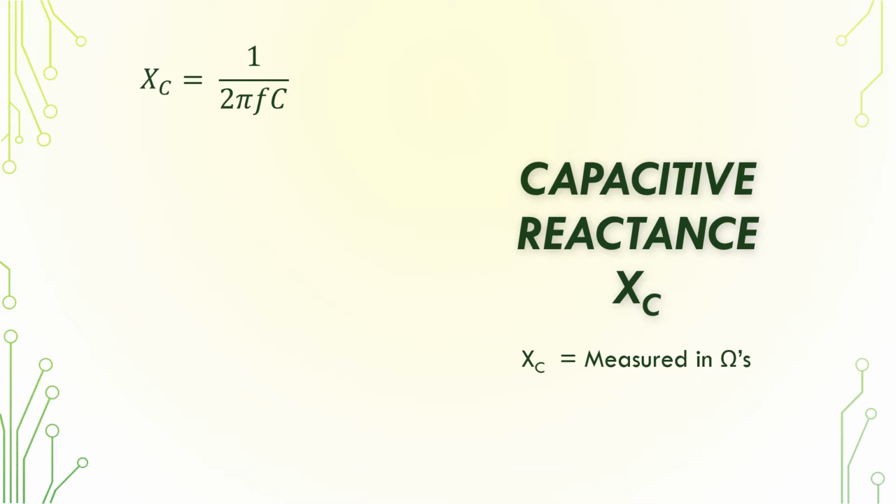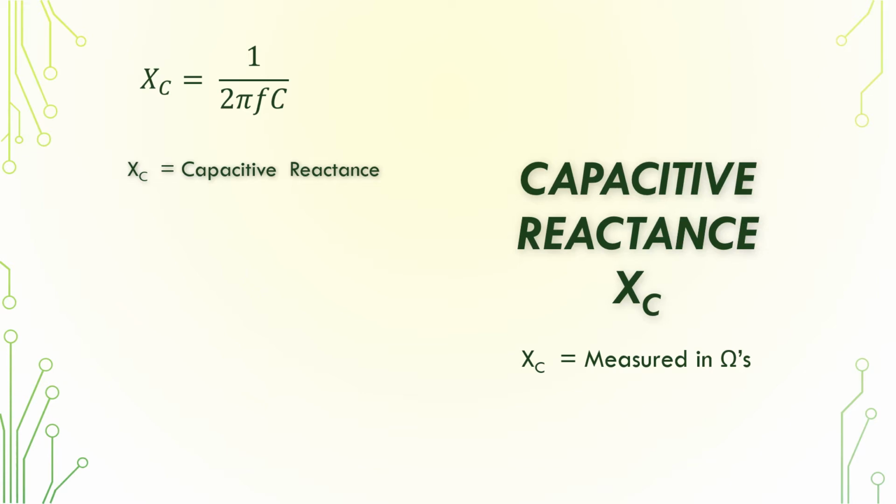So capacitors don't like any changes in the voltage, and they'll react to any changing voltage. Much the same as our inductors oppose any changes in current due to the magnetic field, our capacitors oppose any changes in voltage due to the voltage field that is stored upon them. We call this opposition capacitive reactance, where the capacitor opposes any changes to the voltage.